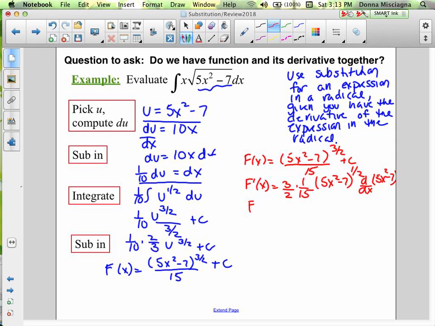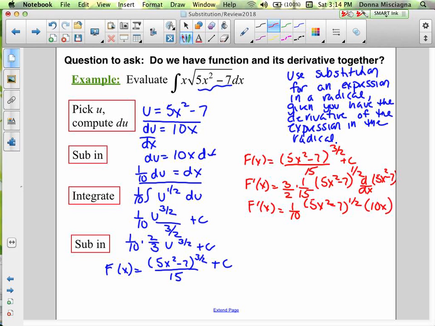So that gives us f prime of x equals, all right, so now we can reduce this a little bit. The 3 and the 15 cancel out. So now we have 1 times 10x, 1 times 10, 1/10.